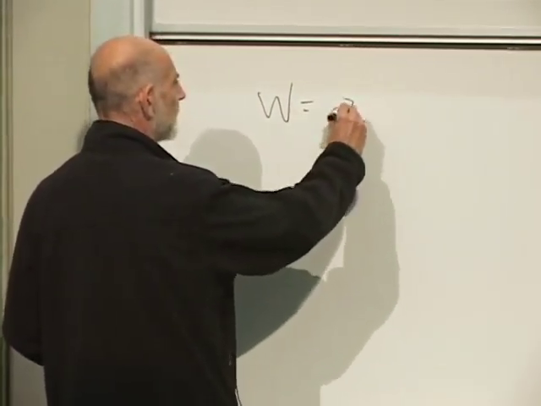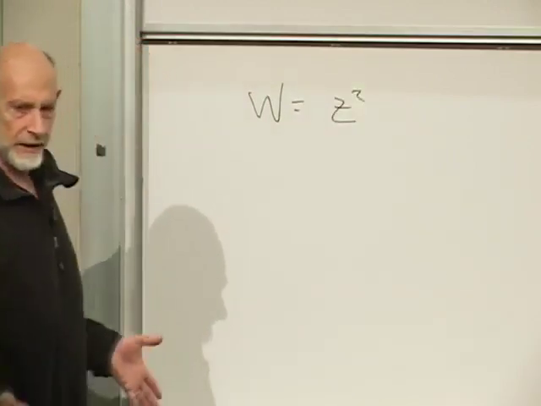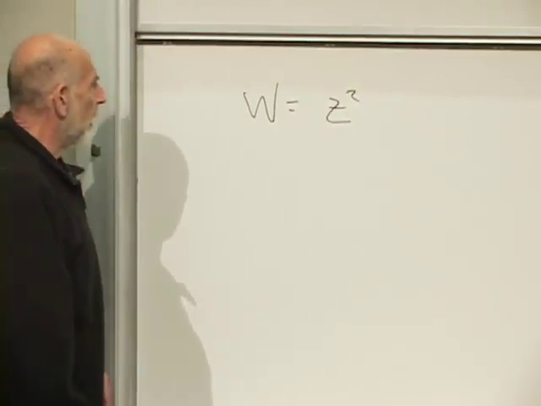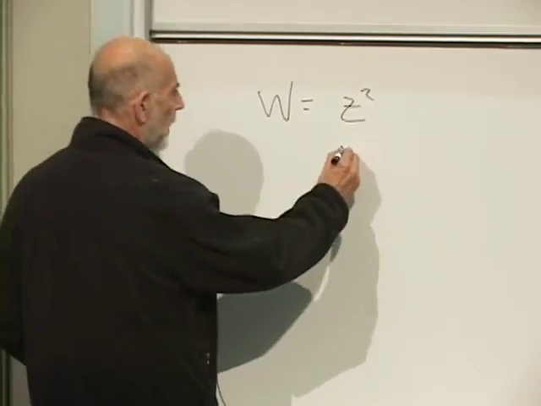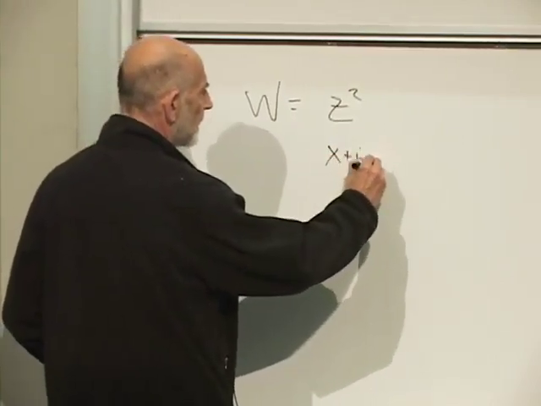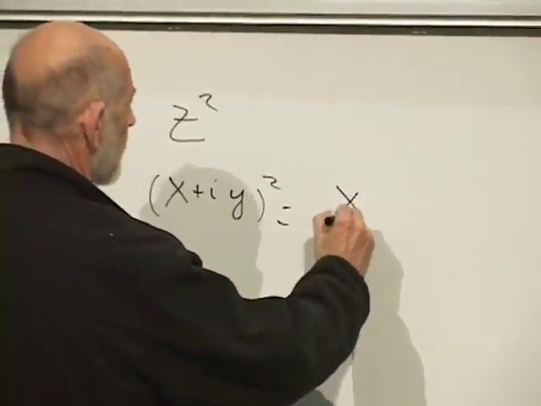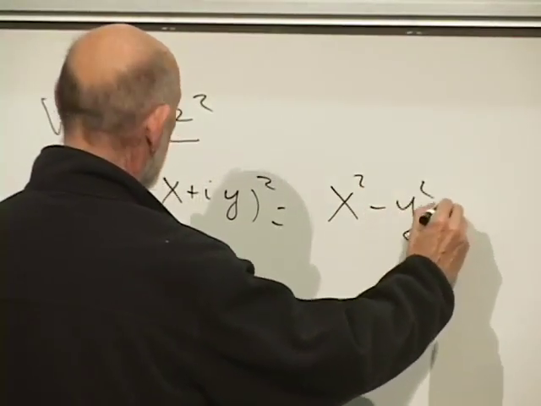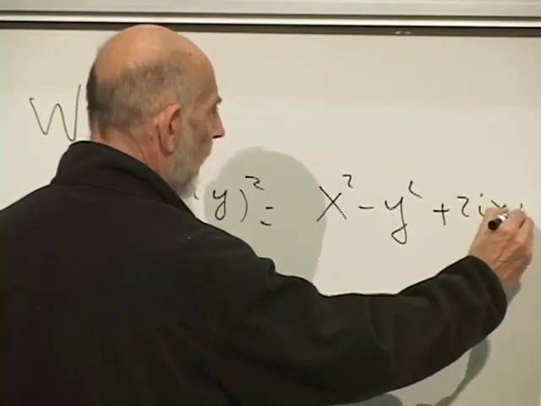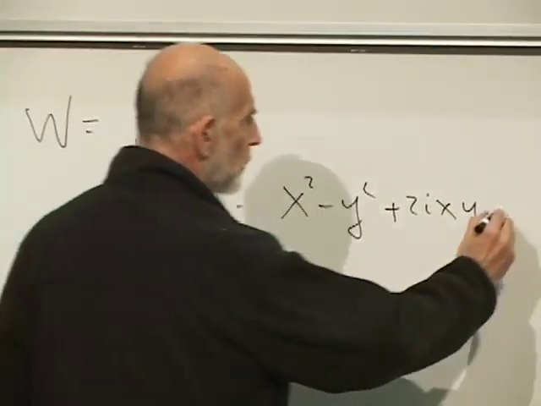Let's check if it's analytic. z is x plus iy. (x plus iy) squared is equal to x squared minus y squared plus twice i xy, and this must be equal to u plus iv.